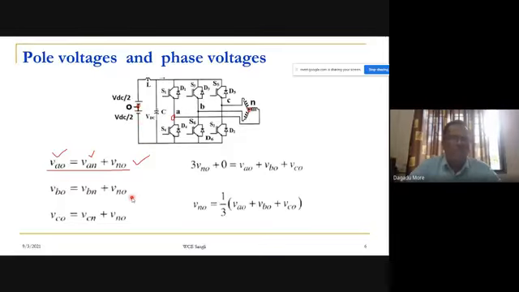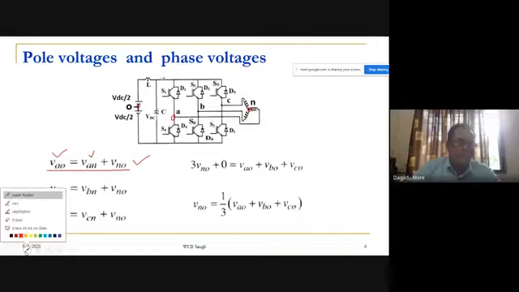Similarly, VCO will be equal to VCN plus VNO. So we obtain the three voltage relationships.